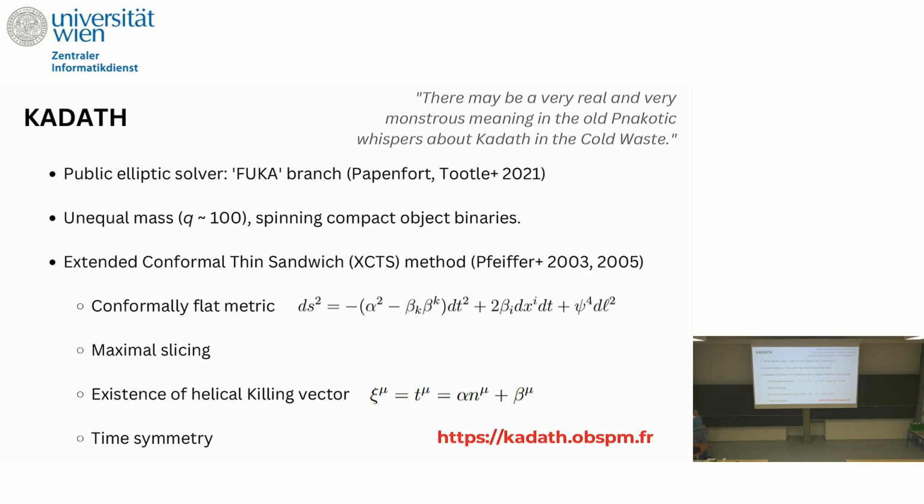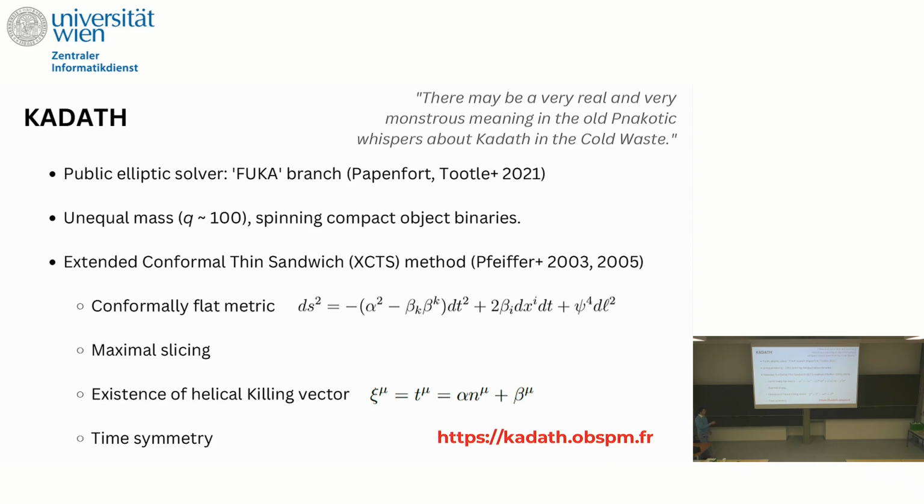This means that the spatial part of the metric can be split into the line element of flat spacetime, multiplied by a conformal factor that is a scalar that varies from point to point. It also uses maximal slicing. This is a condition on the extrinsic curvature of the spatial slice.